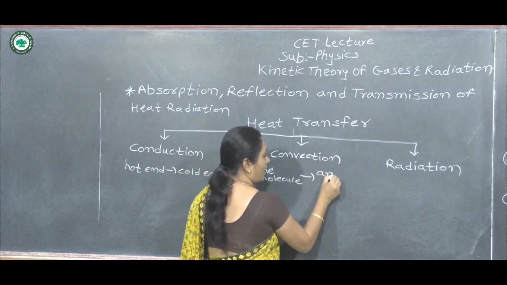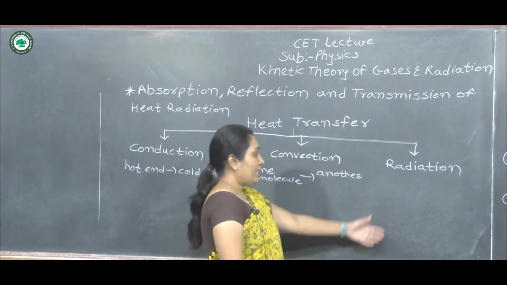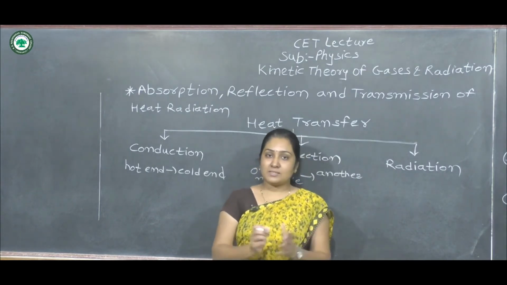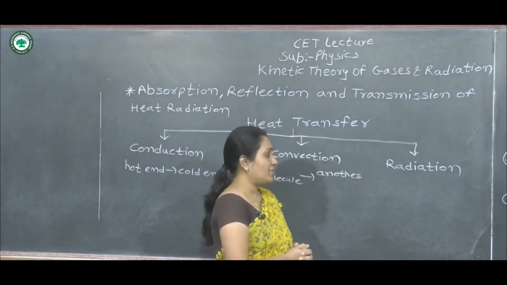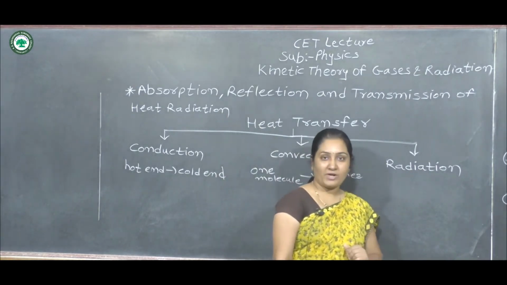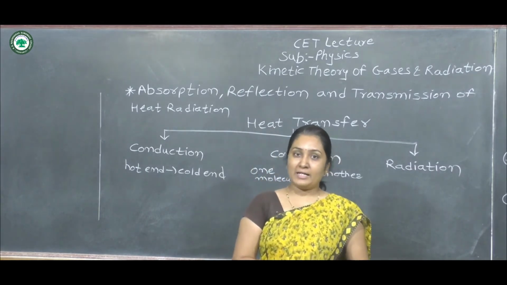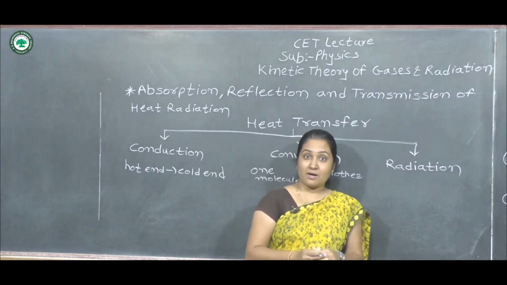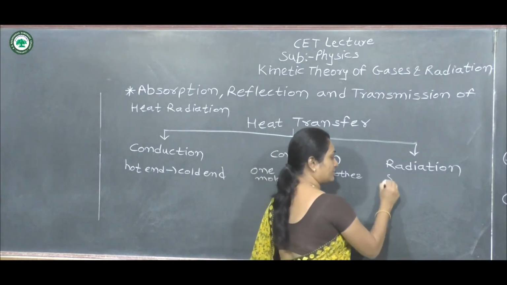And in case of radiation, the radiation is coming from the sun on the earth. So heat is transferred by the method of radiation, and the most common example of radiation is sun radiation. That means sunlight is coming from the sun on the earth.